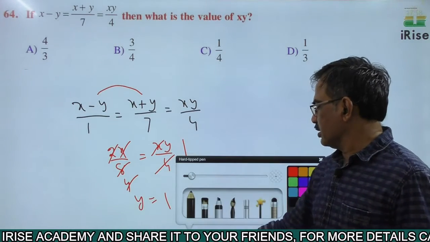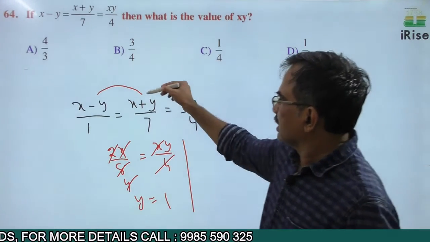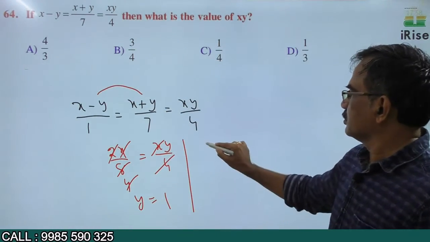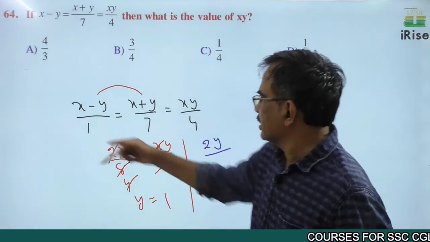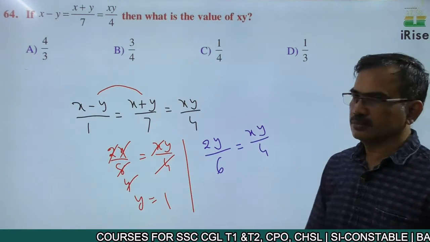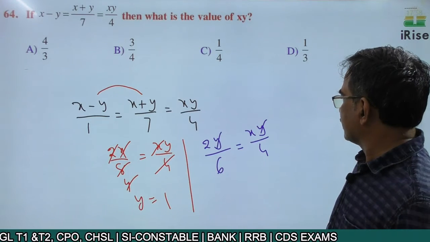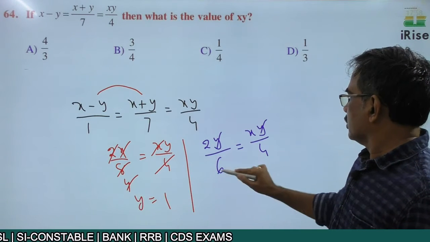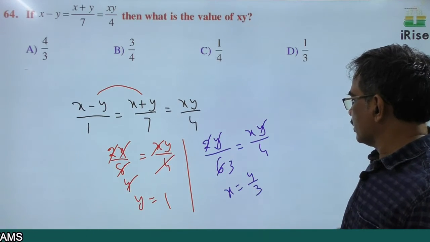And similarly you can use subtraction also. This minus this by this minus this is also equal to the same ratio. Here y cancels. 2 1s are 2, 3s cancel, therefore x is equal to 4 by 3.